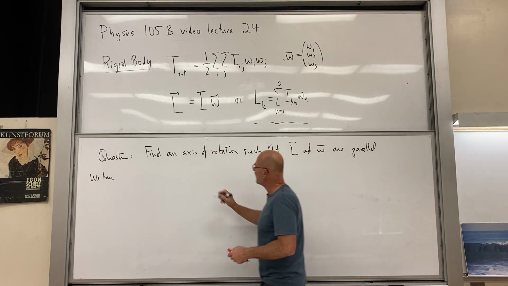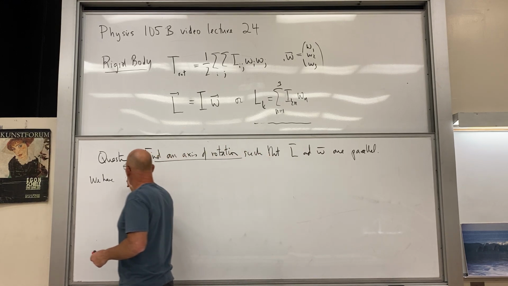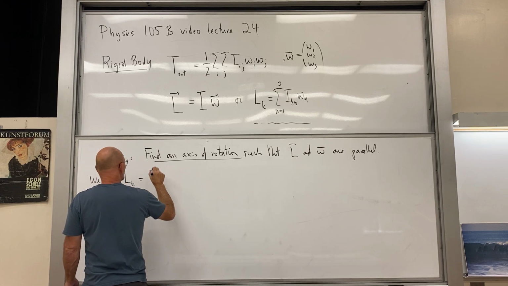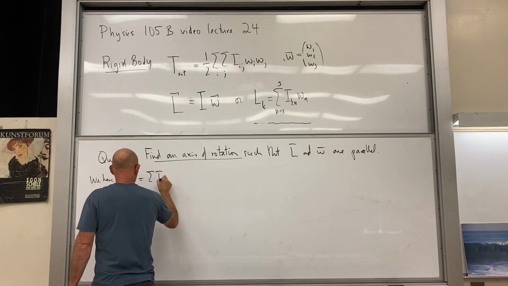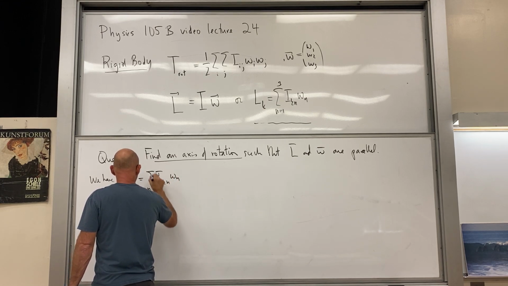So in order to find this axis of rotation, we have L sub k is equal to the sum of I sub kn omega n, n equals 1 to 3.